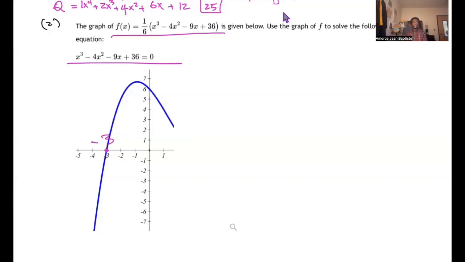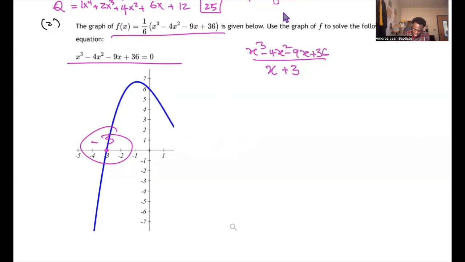So what you would do here is perform your synthetic division, right? You have a polynomial of degree 3. We know that -3 is a zero. So you would know that if -3 is a zero, x plus 3 is a factor, then you would perform the division of x cubed minus 4x squared minus 9x plus 36 by x plus 3.